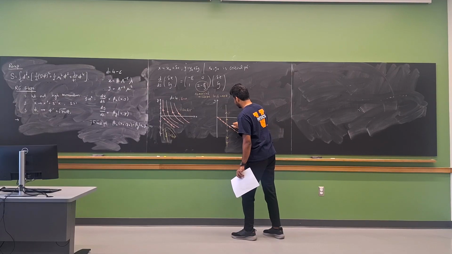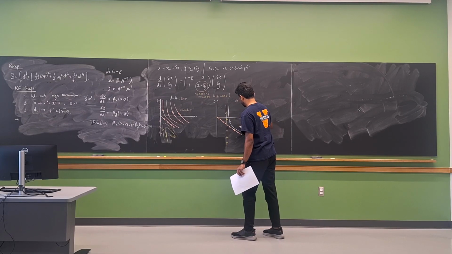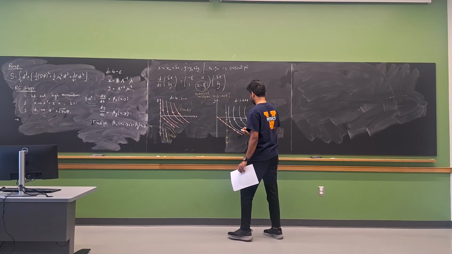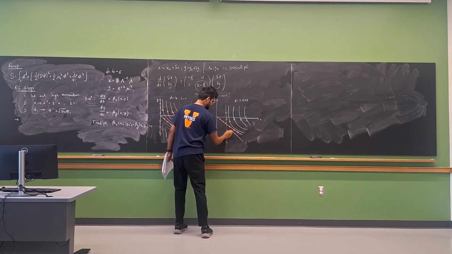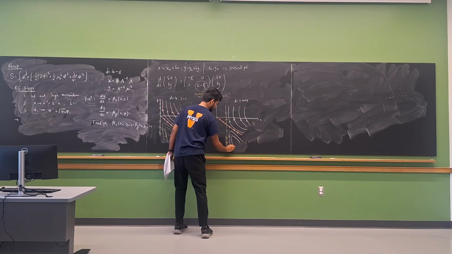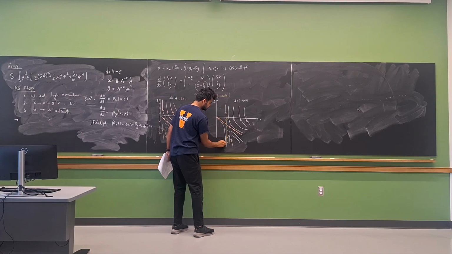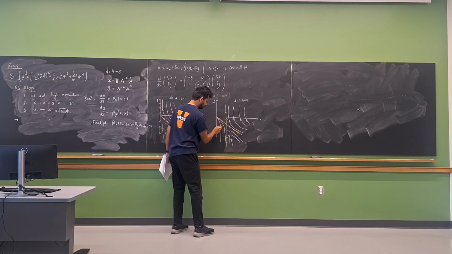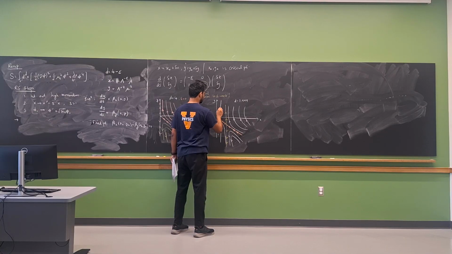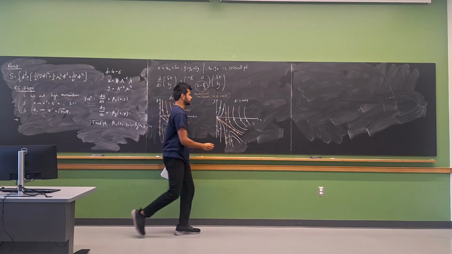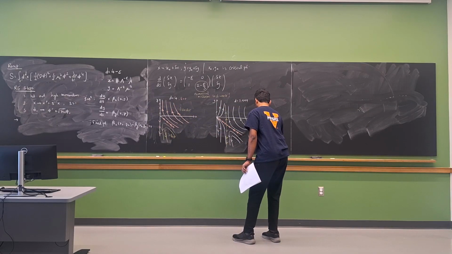So we just then fill in the flow. This was the Wilson-Fisher point.